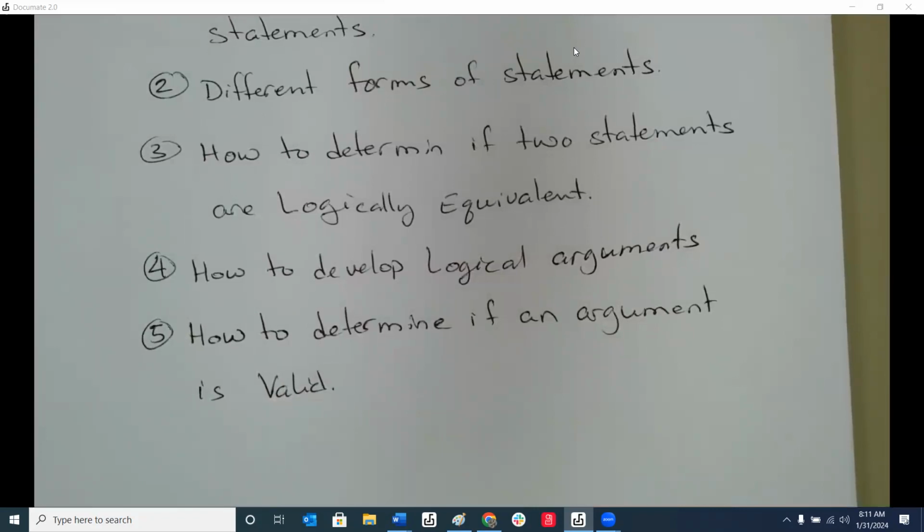And then we're going to learn how to do that. I mean, how do you think we do that? How would you define, how would you determine if an argument is valid or not?